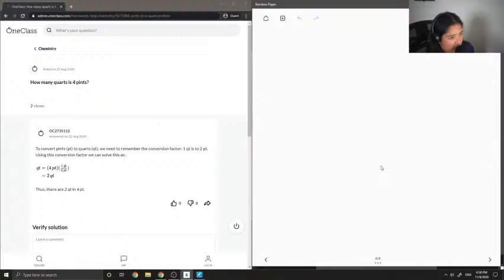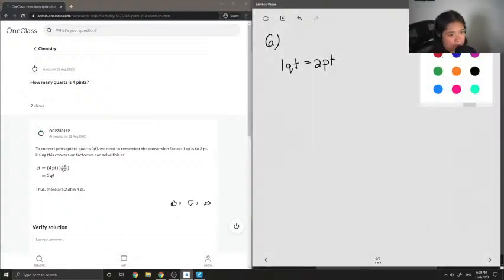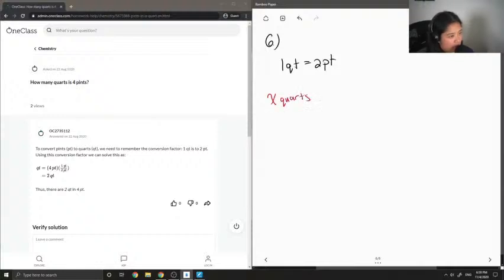Okay, so now let's move on to question number 6. How many quarts is 4 pints? So first we need to know the conversion factor. 1 quart is equal to 2 pints. So now that we know this, we are looking for X quarts in 4 pints.